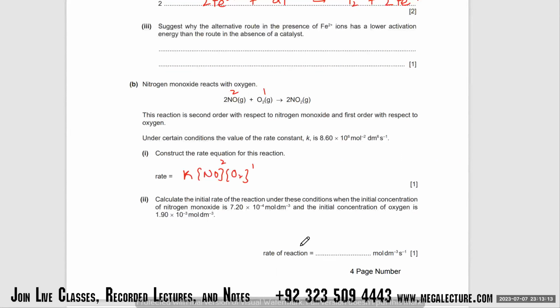Now, can you figure out the rate of the reaction? You've got the rate equation, you've got the value of K as well. So they've given you some information over here. Can you find the rate of the reaction if the concentration of NO is 7.2 times 10 power minus 5, oxygen is 1.9 times 10 power minus 3, and K is given over here? Can you try and calculate this?